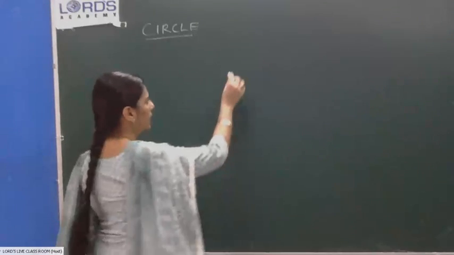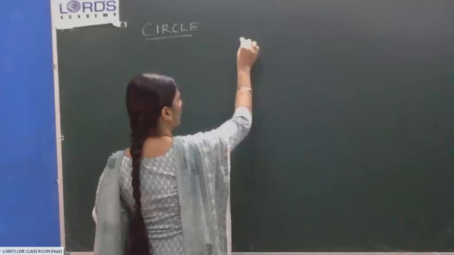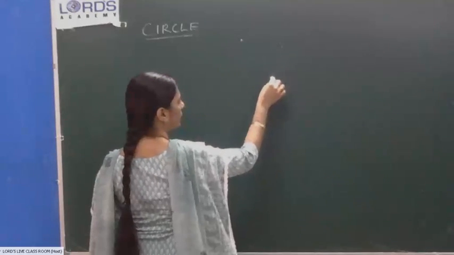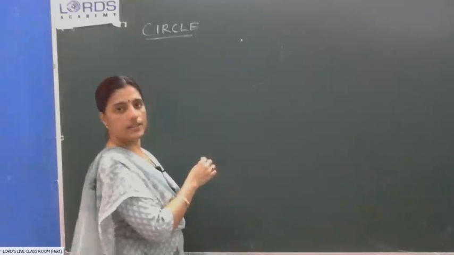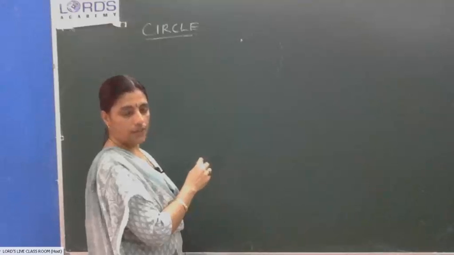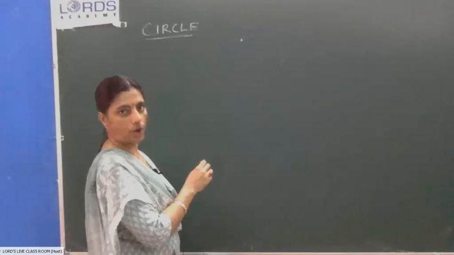Suppose one point travels such that it always keeps a fixed distance from a fixed point.